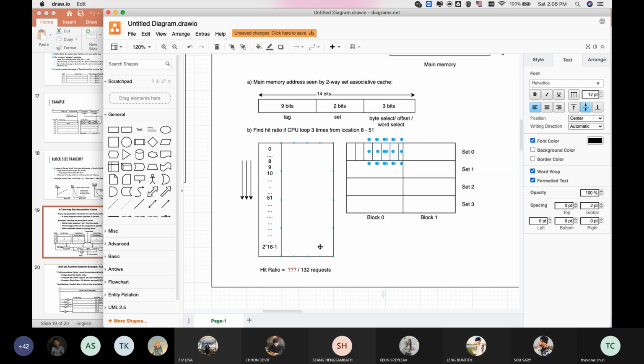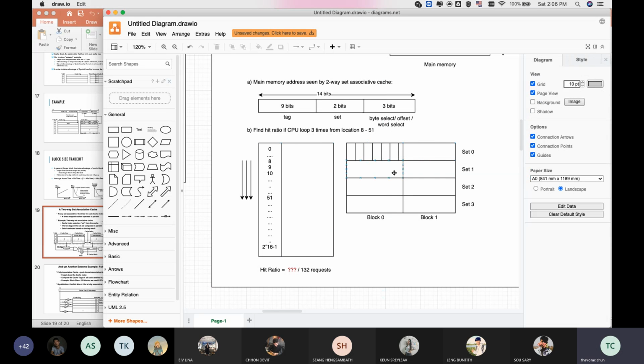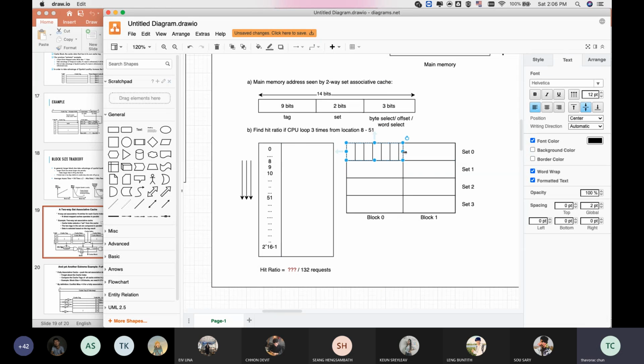We are missing 2 more. It's a bit too small here. So what is... it's confusing.